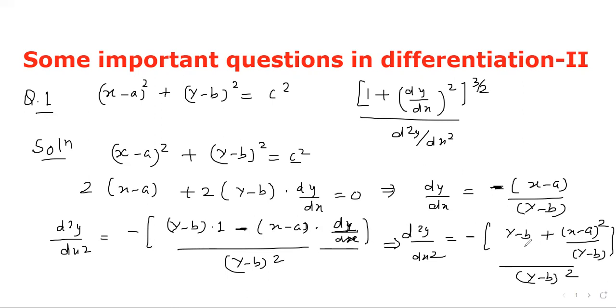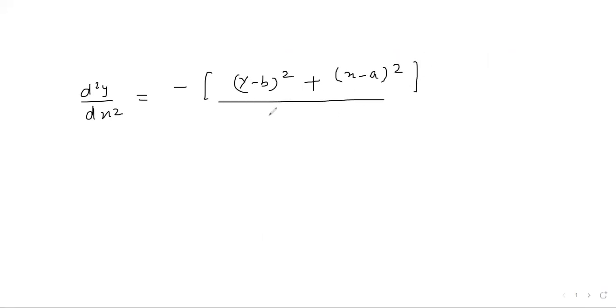Now we take LCM. When we take LCM, this (y minus b) will get squared, and then (y minus b) will come in the denominator. So we will get (y minus b) whole square plus (x minus a) whole square divided by (y minus b) whole cube. So d2y by dx2 equals minus [(y minus b) whole square plus (x minus a) whole square] divided by (y minus b) whole cube.